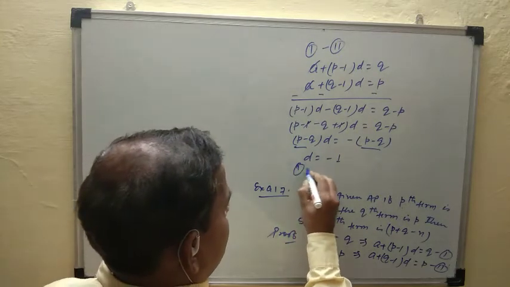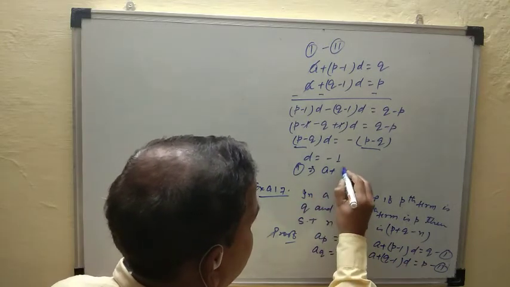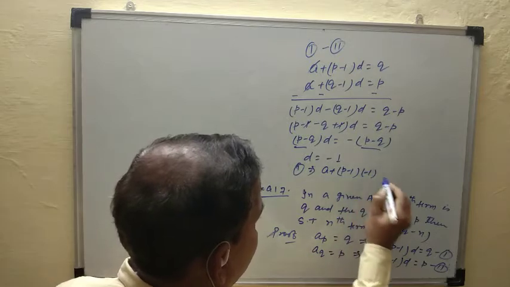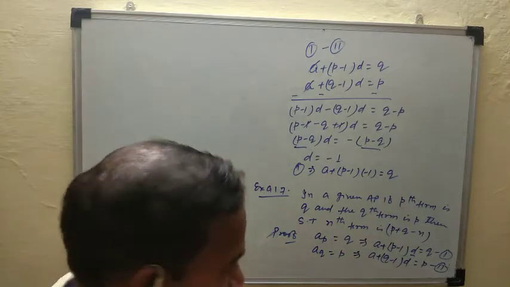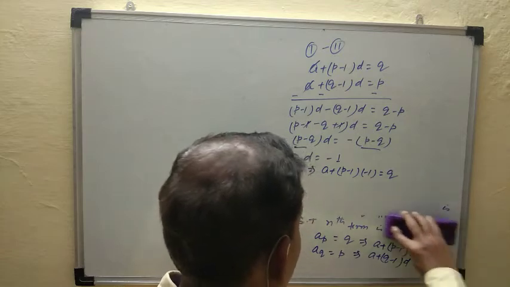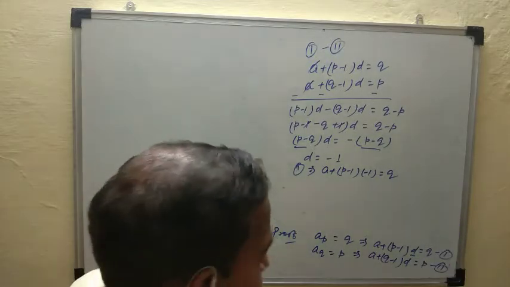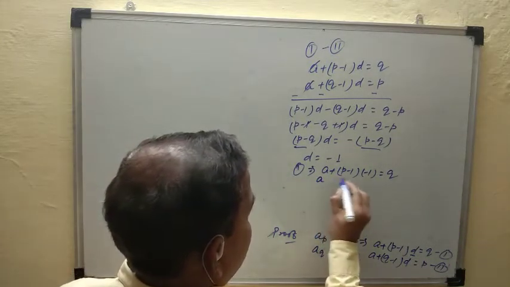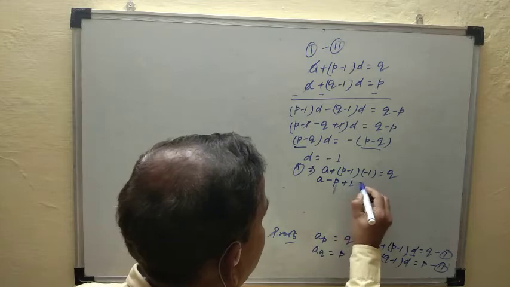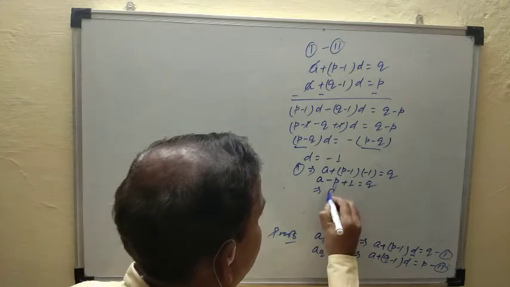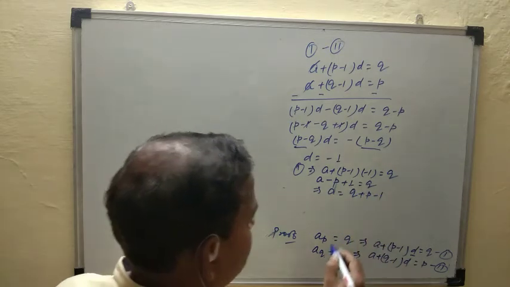So put the value of D in 1: A plus P minus 1 into minus 1, since D is equal to minus 1, is equal to Q. Now simplify and find the value of A. If we open the bracket, then minus P and minus minus plus, is equal to Q. This implies A is equal to, taking this to the right side, Q plus P minus 1. This is the value of A.